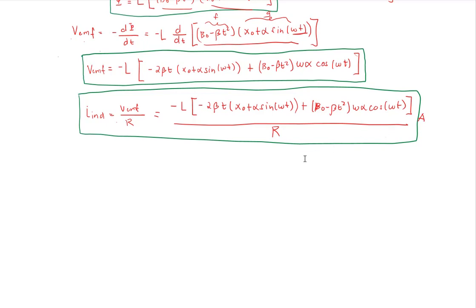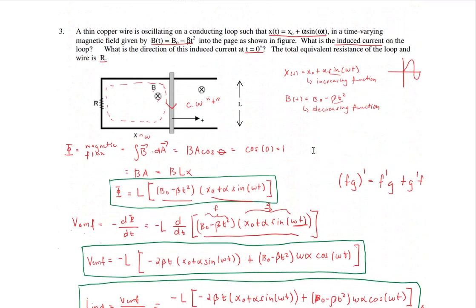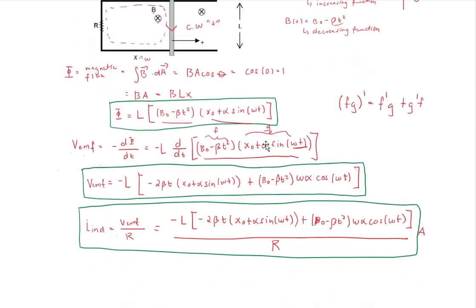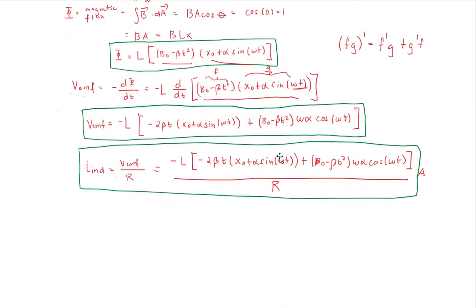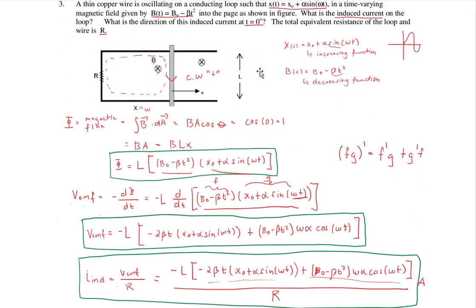Now that we have our magnitude for I induced, we just need to determine which of these two terms is going to be dominant when t equals 0, and that will in turn tell us the real direction of the induced current.